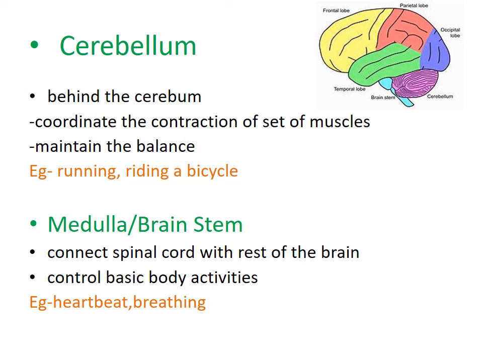Then we will move to the next part, which is called the medulla or brain stem. Underneath the cerebrum, connecting the spinal cord with the rest of the brain, there is a part called the brain stem or medulla. Normally, this part controls basic body activities like heartbeat and breathing.